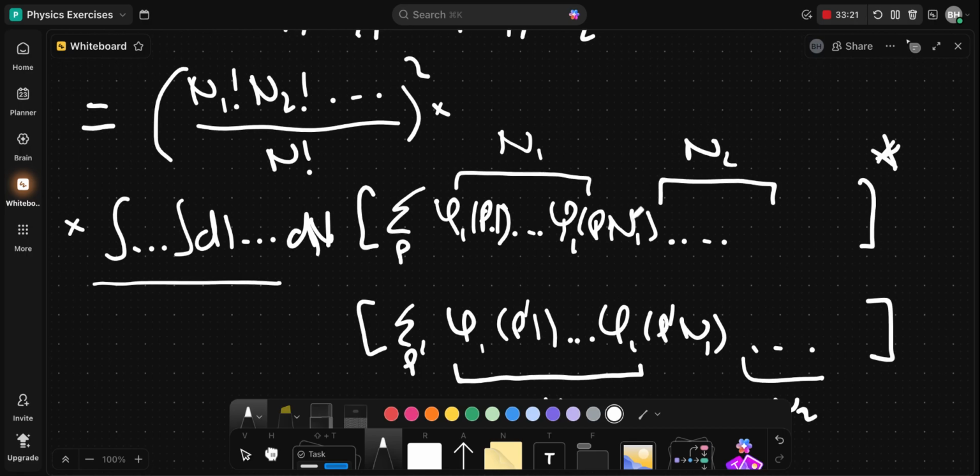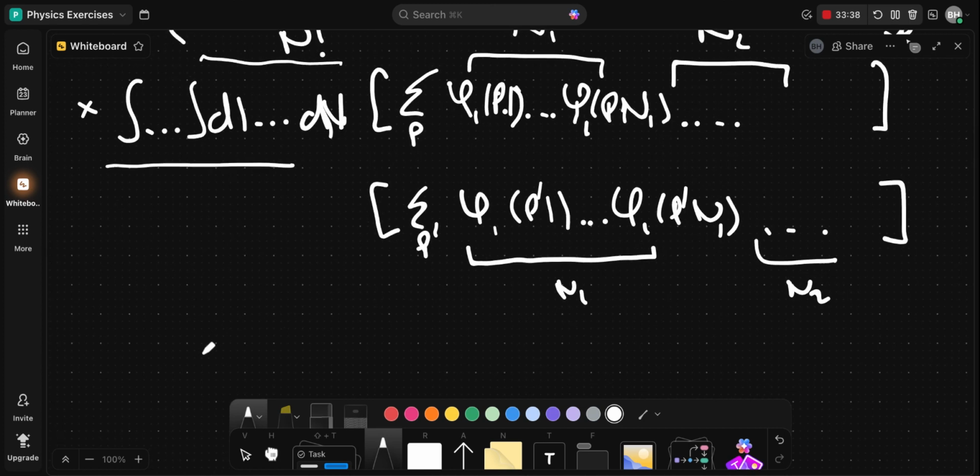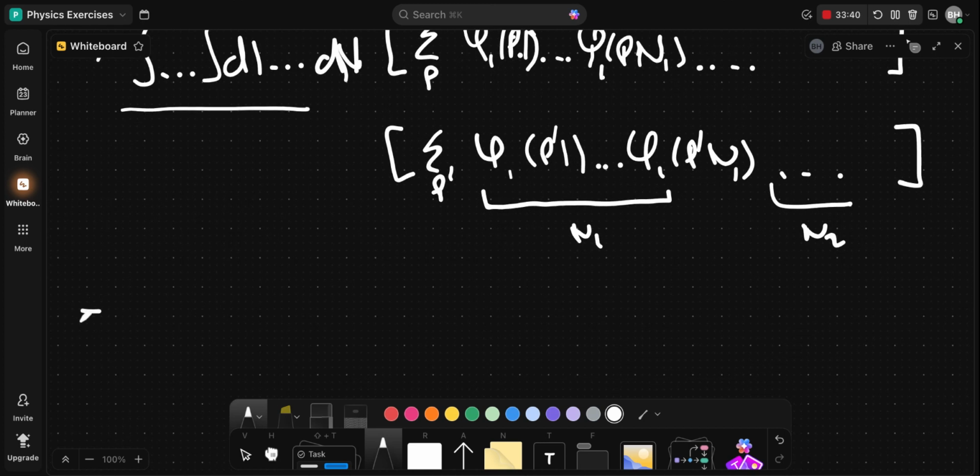And this sum over p, of course, has exactly this many terms. So this is actually the normalization, which has to give you 1. Let me just do that step by step. Again, here's my n1 factorial, n2 factorial, etc., divided by n factorial.